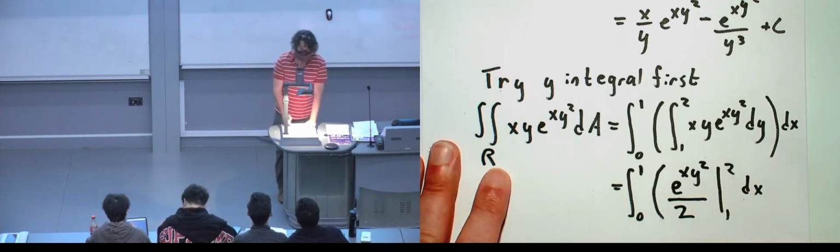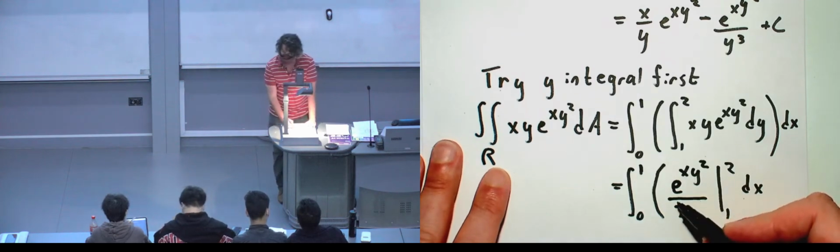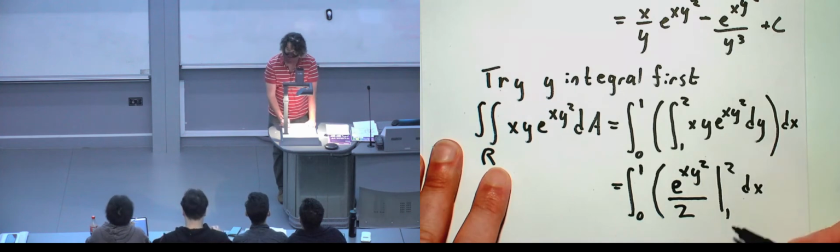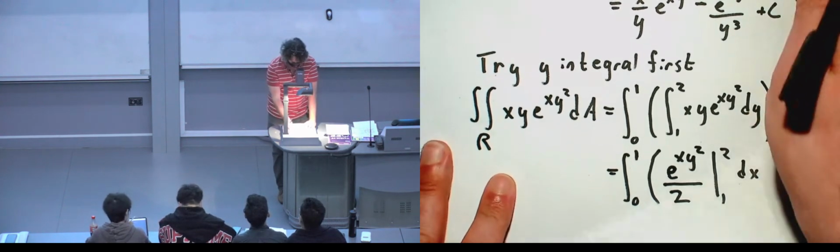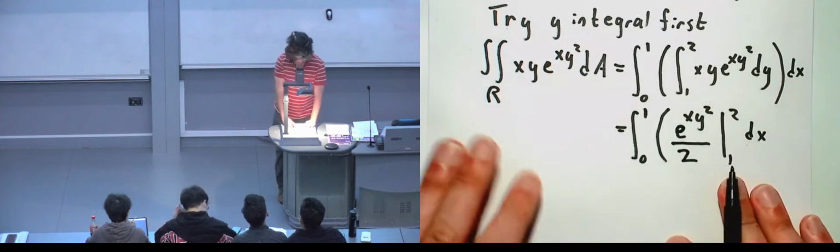Once again, just substituting u equal xy squared. And you can also just take the derivative of this with respect to y. You get xy e to the xy squared.